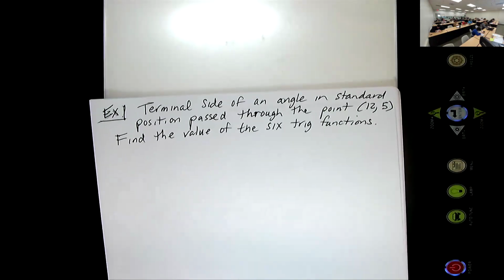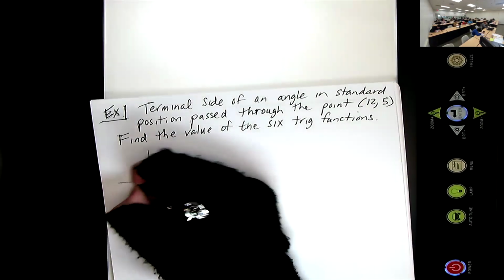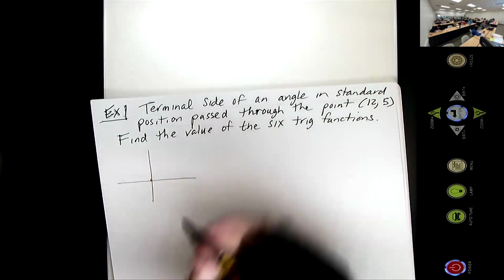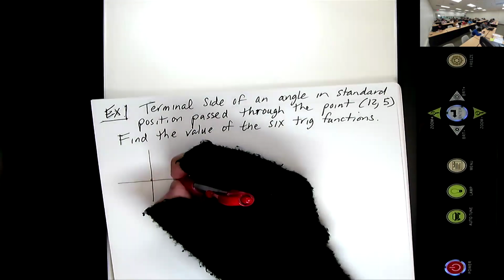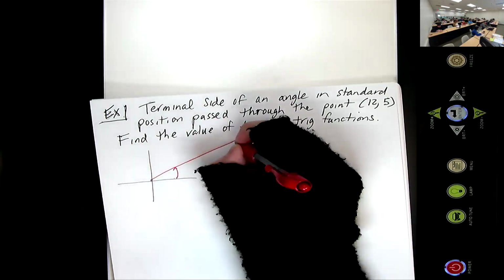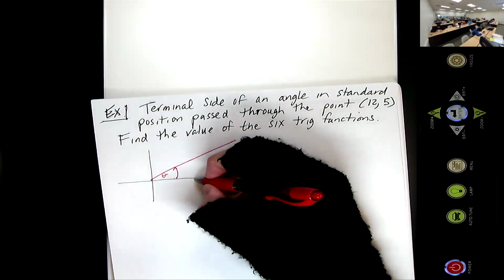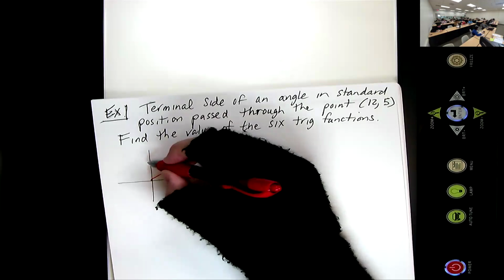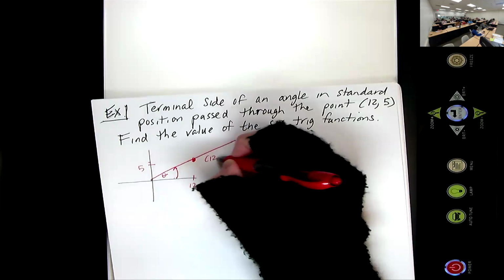So standard position means the line starts at the origin. And when it says the terminal side, it has rotated an angle theta like that and is going that direction. It passes through some point: 12 across and some height 5, giving us (12, 5) here.